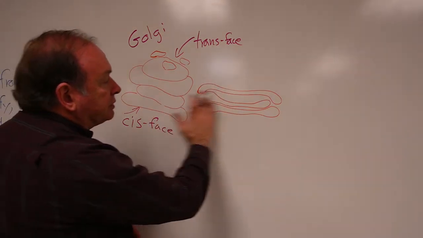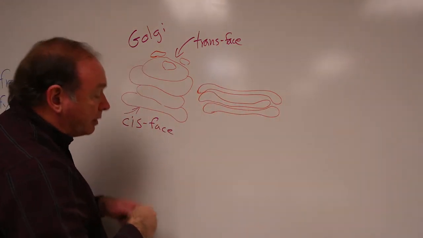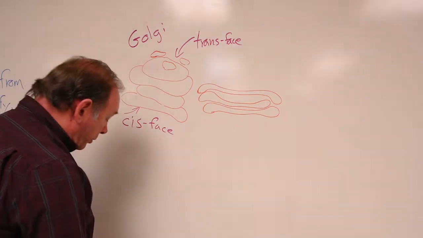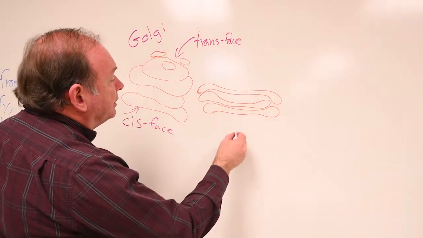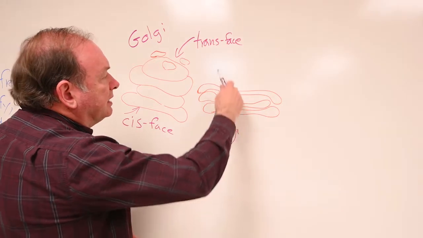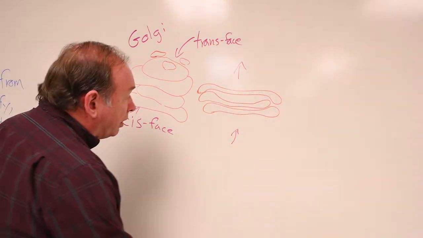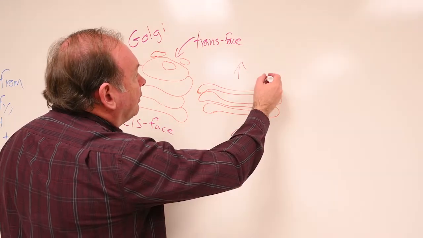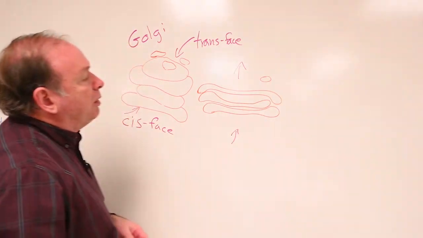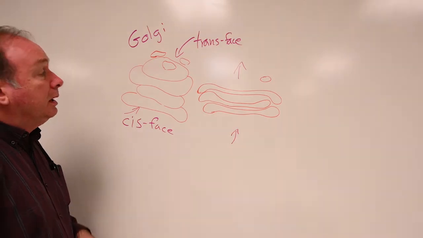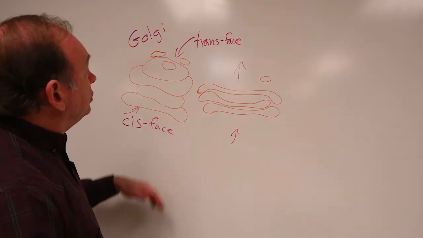Like this. So that's just kind of a cross section through some of the Golgi structure. And materials are added on one side, on the cis face, processed and then released toward the other direction. And some of these form small vesicles as they are released, and some of them become lysosomes, which we'll talk about in a minute. But not much to add to that.